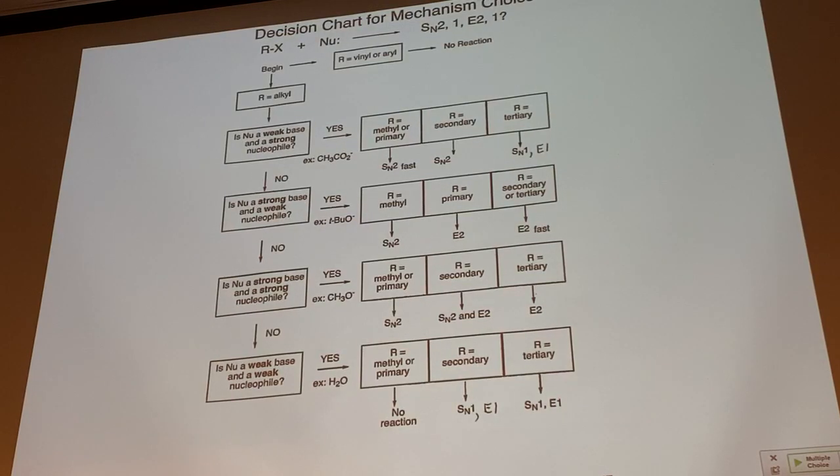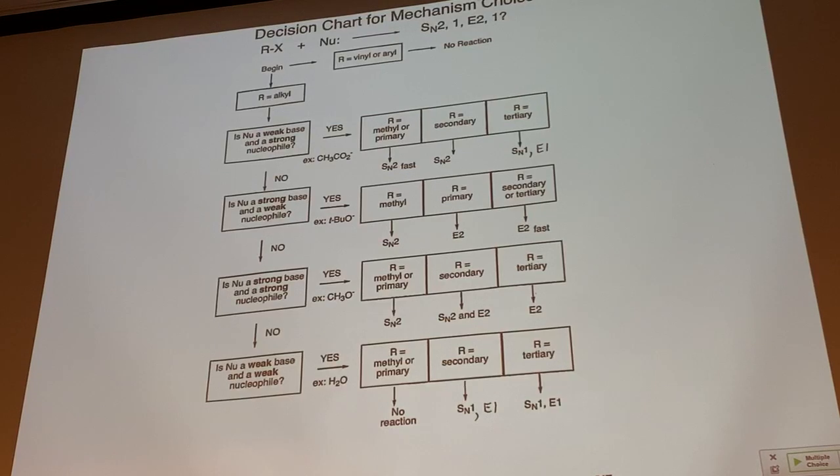So we only get reactions with secondary and tertiary alkyl halides. And the reaction with the tertiary alkyl halide will be slow, and the reaction with the secondary alkyl halide will be extremely slow. Okay? So that's a summary of the information in this table, this flow chart.